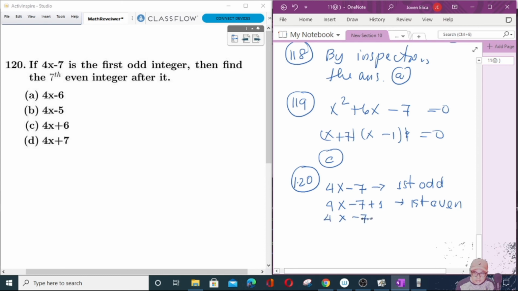Negative 7 plus 1 is negative 6, and then plus 2, this is the second even. Then negative 6 plus 2, 4x minus 6 plus 4.